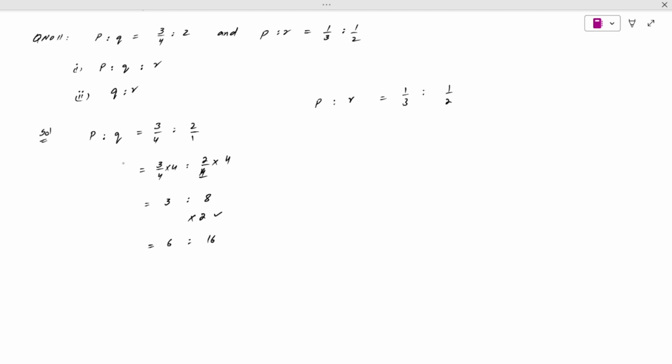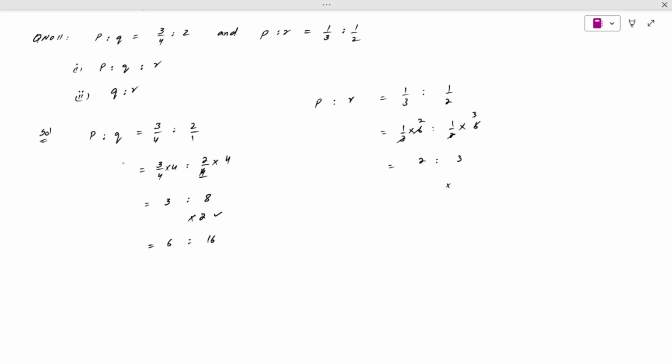Let us multiply it with the LCM to convert the fractions into numbers. The LCM of 3 and 2 is 6. So 1 over 3 times 6 ratio 1 over 2 times 6. So 3 twos are 6 and 2 threes are 6, and we are left with 2 ratio 3.